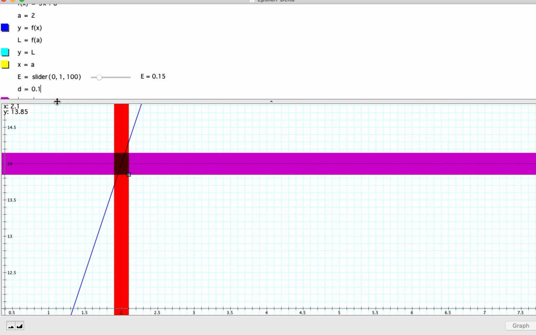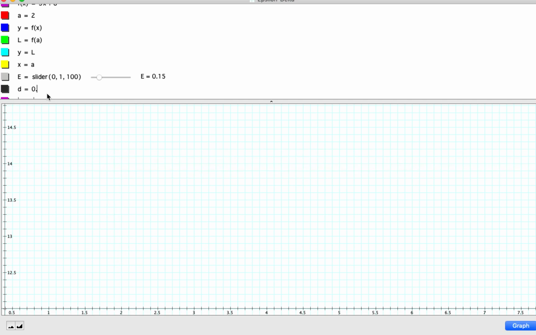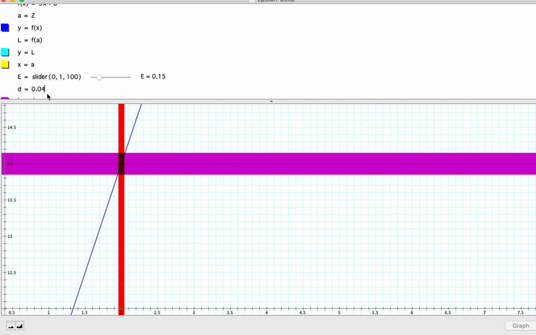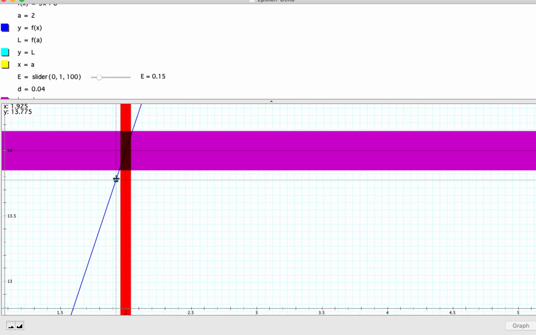For this one, I've got to go down from 0.1 to even smaller, something like that would be enough. That's good because within this red band, all the values of the function stay within our purple target area.